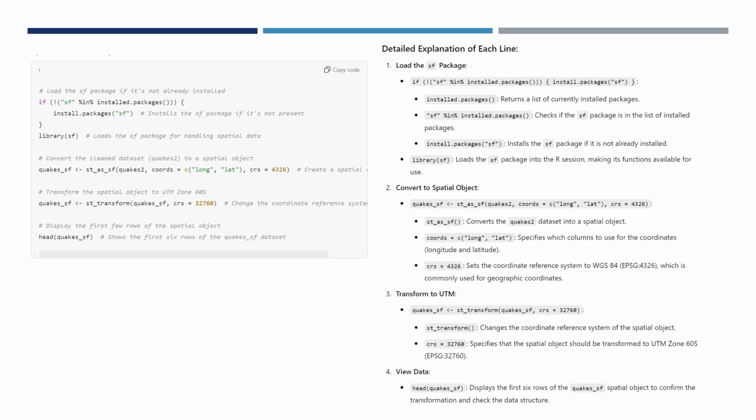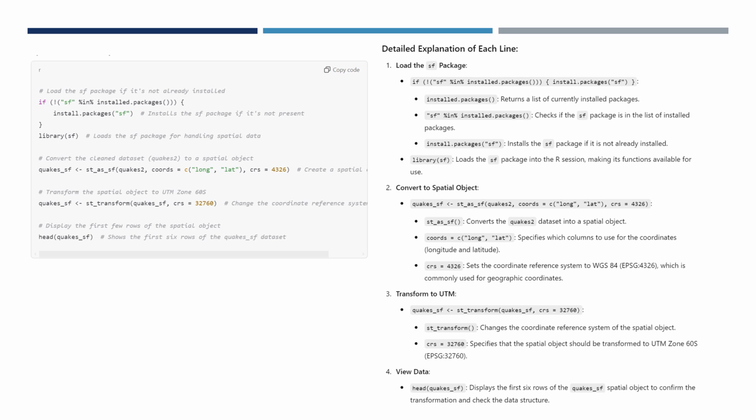Convert to spatial object was the next step, and this is the one where we take the data set and we make it a spatial object. So we're going to call it then Quakes SF. And so what is Quakes SF? Well, it's this st_as_sf, which is a function that converts whatever data set we tell it, in this case Quakes 2, into a spatial object.